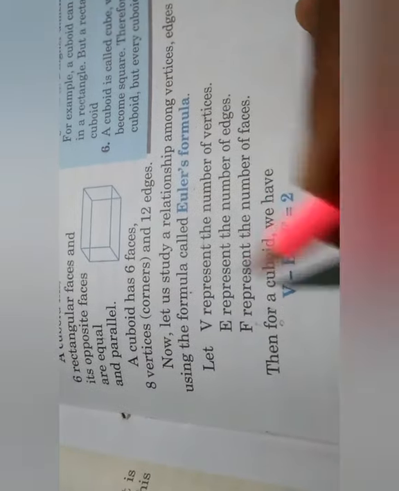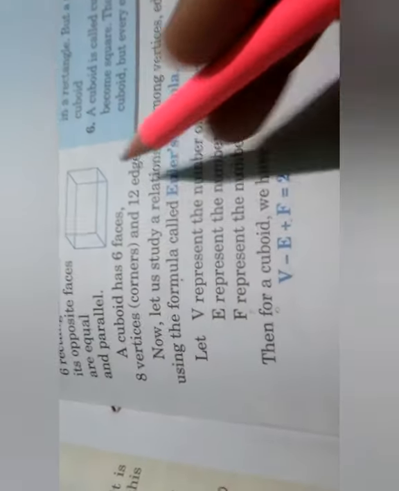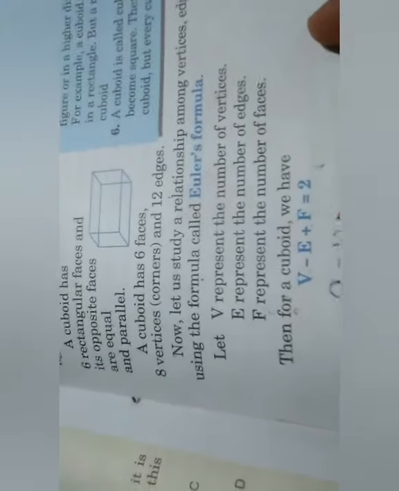Now we have seen in the cuboid, V is equal to 8, that means vertices is equal to 8, E is equal to 12, so minus 12, and faces F is equal to 6, so here we write 6.